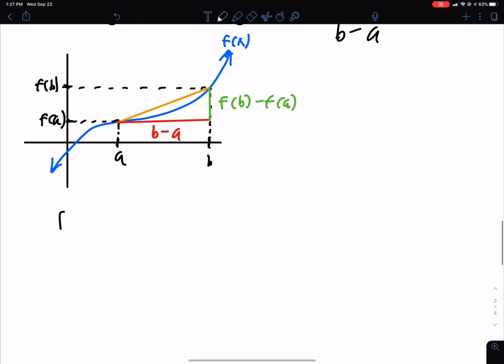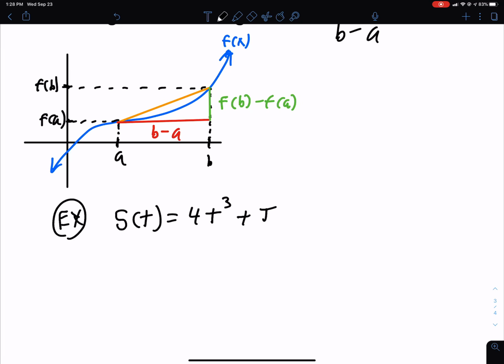Suppose, here's an example. This is a function of my position. I will go 4t cubed plus t. That's my position at any particular time. And I'm going to start with t is 0 and end with t equals 3.